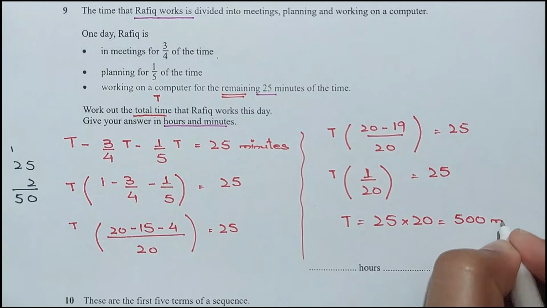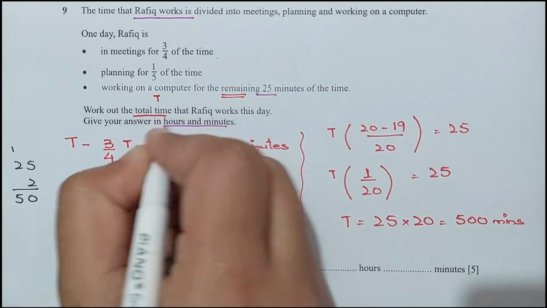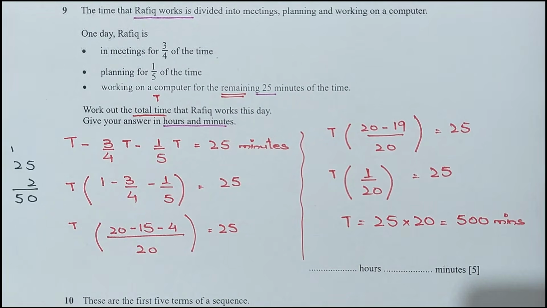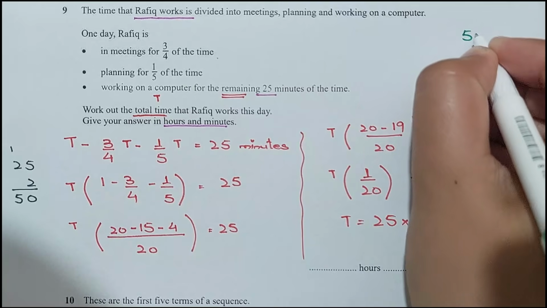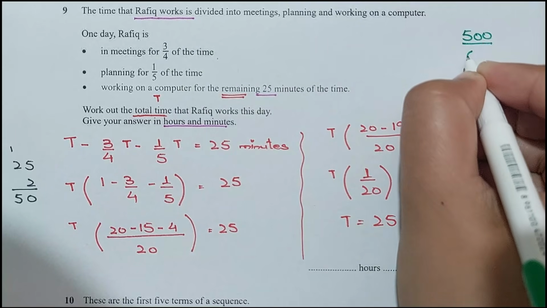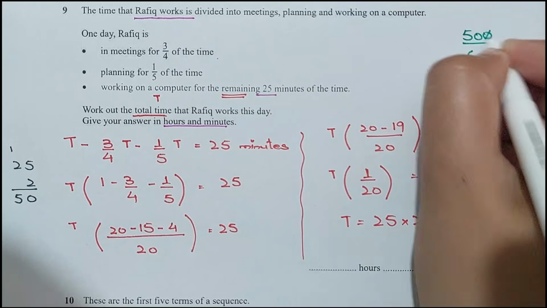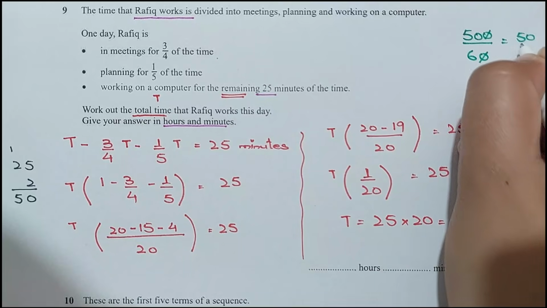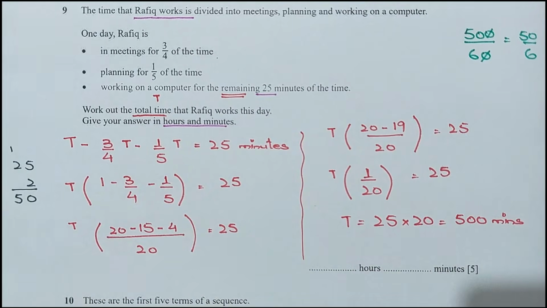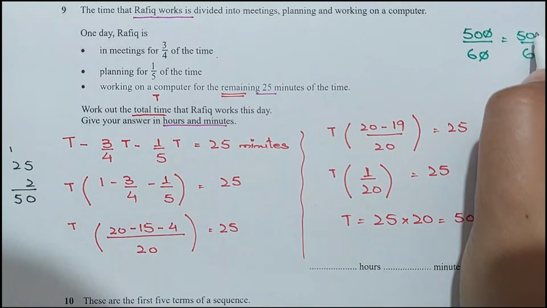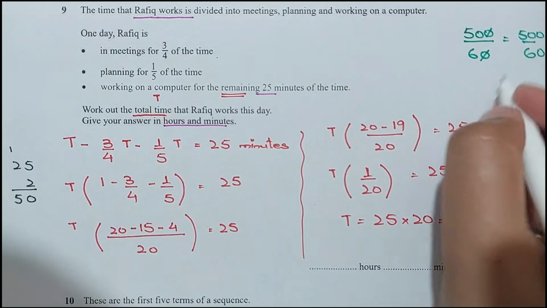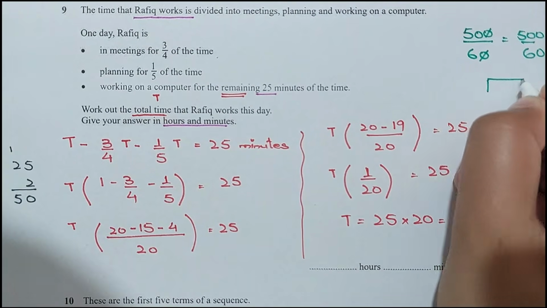This is in minutes. We have to find the answer in terms of hours and minutes, right? So we have to divide it by 60. 500 divided by 60. Sorry, no need to cancel the zeros, so keep the zeros. And now we have to do the division.